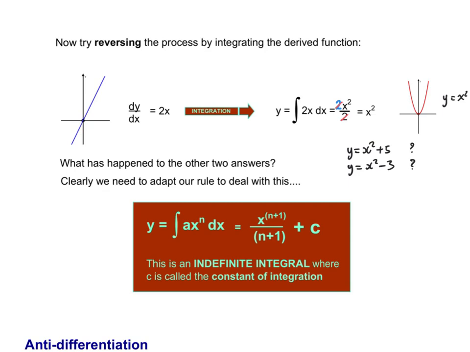And in order to do that, what we actually do is add a c on the end of it, and that is called the constant of integration, and we use that when we're working with this kind of integration. And we'll get to different types of integration a bit later. But anyway, you can see what that means as we do some examples just in a second.